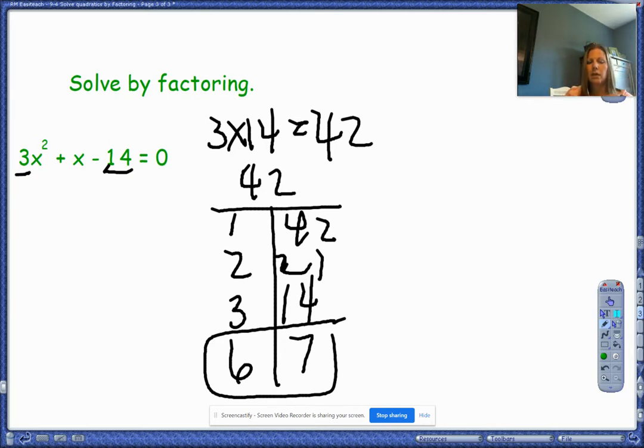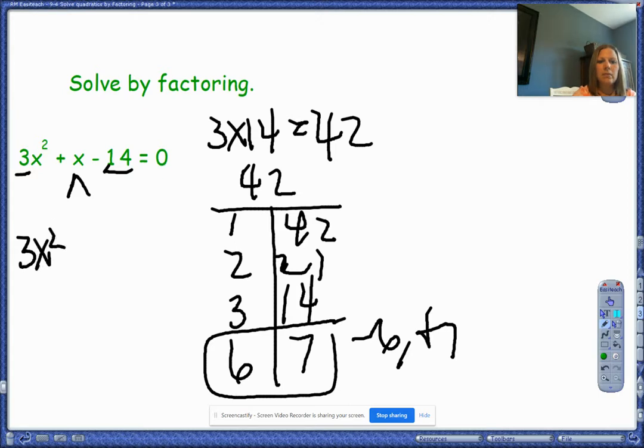Since I have that, my second symbol is an operation. There's a subtraction sign. So I'm going to rewrite my middle term. So I'm going to use negative 6 and positive 7. So 3x squared minus 6x plus 7x minus 14.